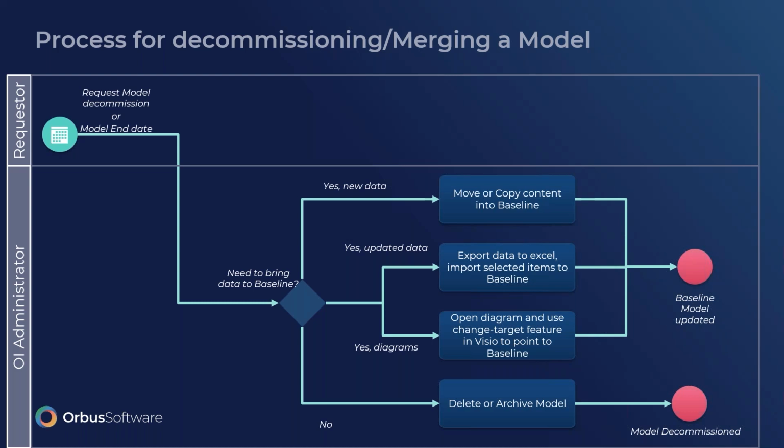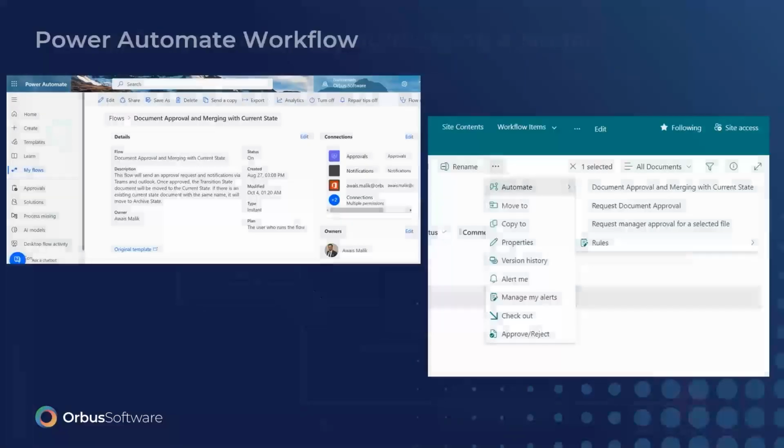For this, we do provide a number of different Power Automate workflows as well. We do have a Power Automate connector that allows us to move your documents, diagrams, as well as the content within those diagrams from one workspace back to your baseline.